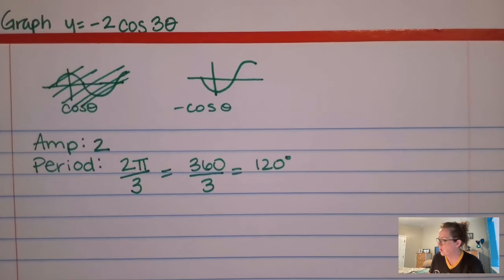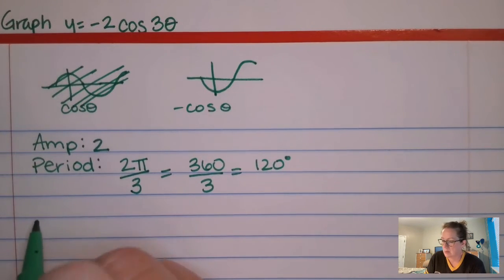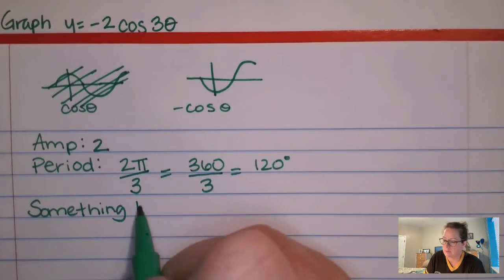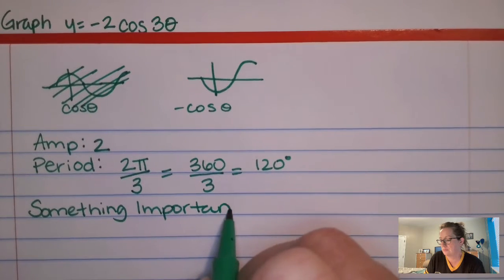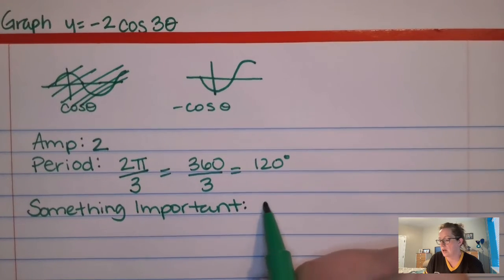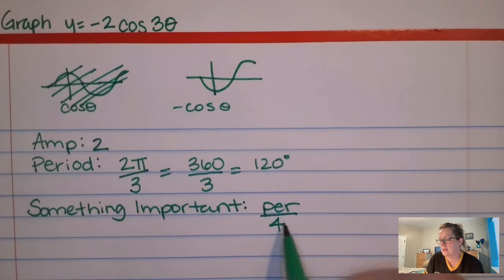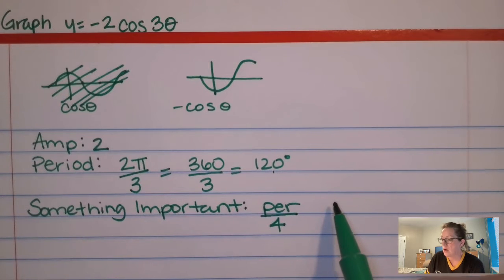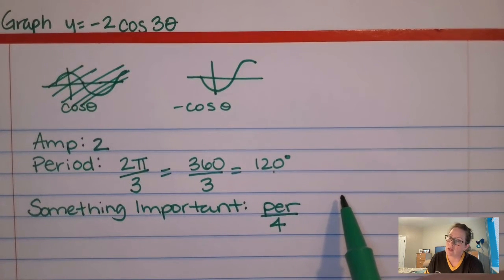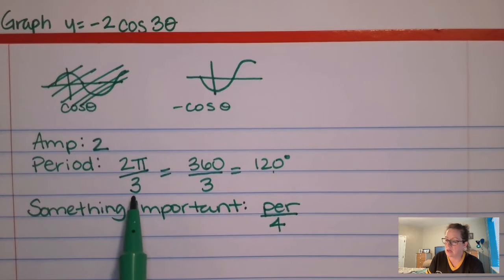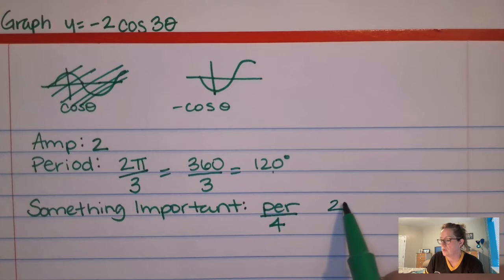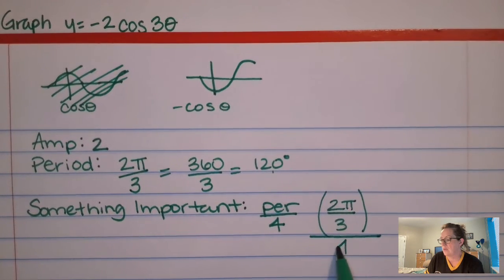That's okay. All right, now we want to figure out where something important is happening. Remember, we're going to take our period and we always divide it by 4. So in this case, our period is 120, or let's be really crazy here and take our period, 2 pi over 3, that's going to be our whole numerator, and divide it by 4.